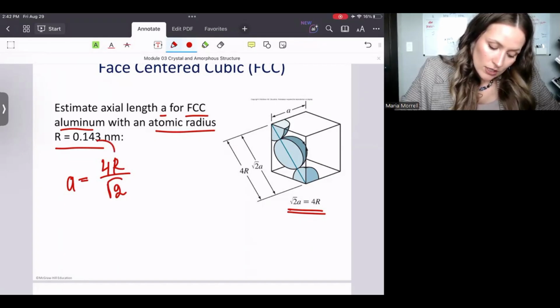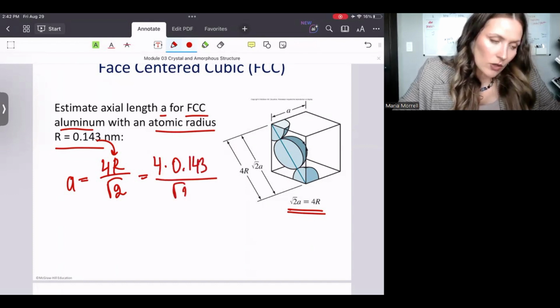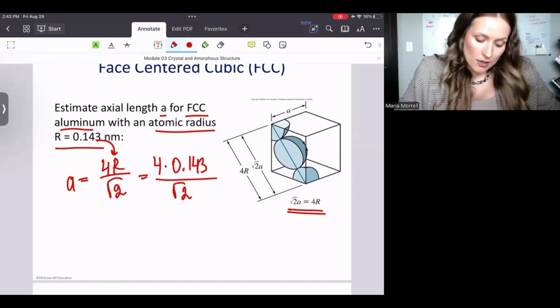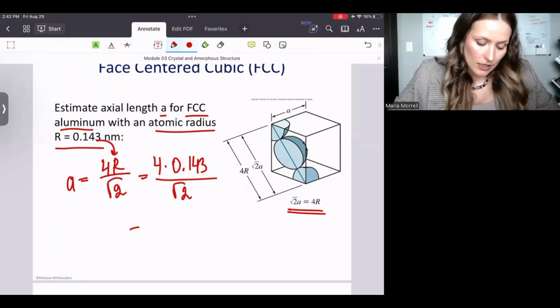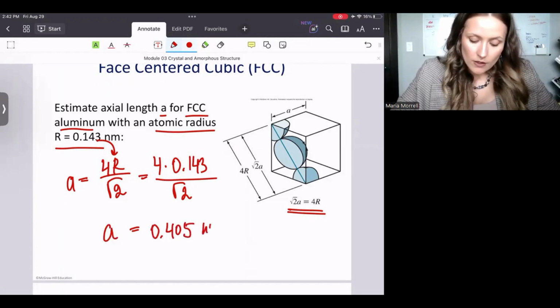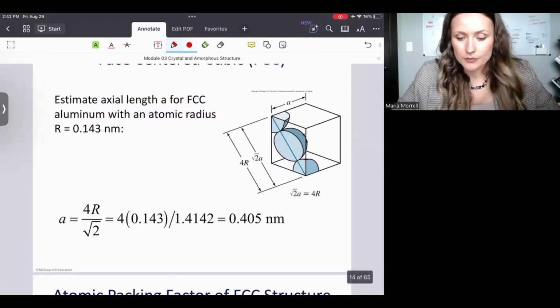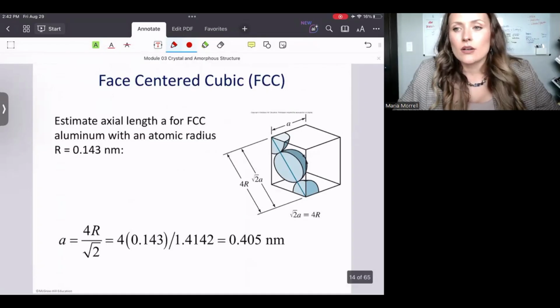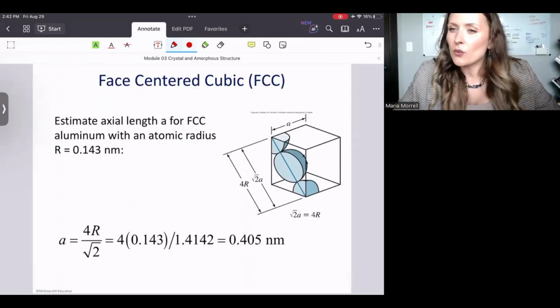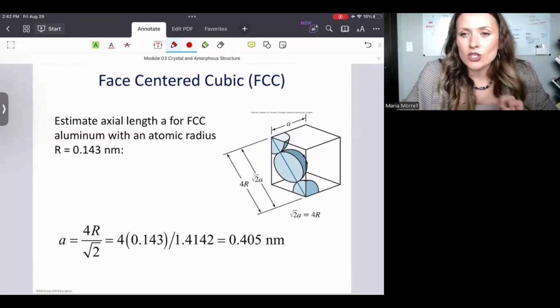Now, all I have to do is to plug in this number, which is going to be 4 times 0.143 divided by the square root of 2. And it looks like the answer is going to be 0.405, and I think I have it on the next slide.